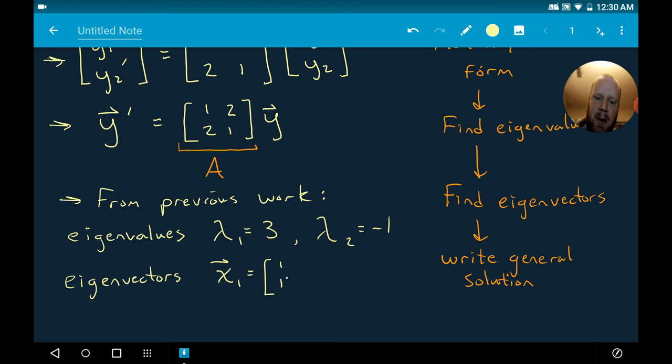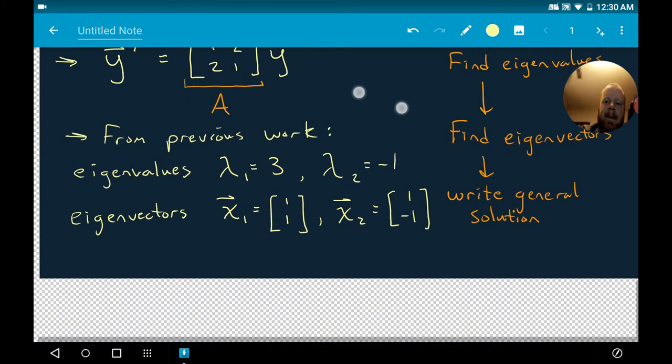The first is 1, 1, and the second eigenvector was equal to 1, -1. So again, we did that in previous videos. We worked with this matrix here, finding those eigenvalues and eigenvectors.